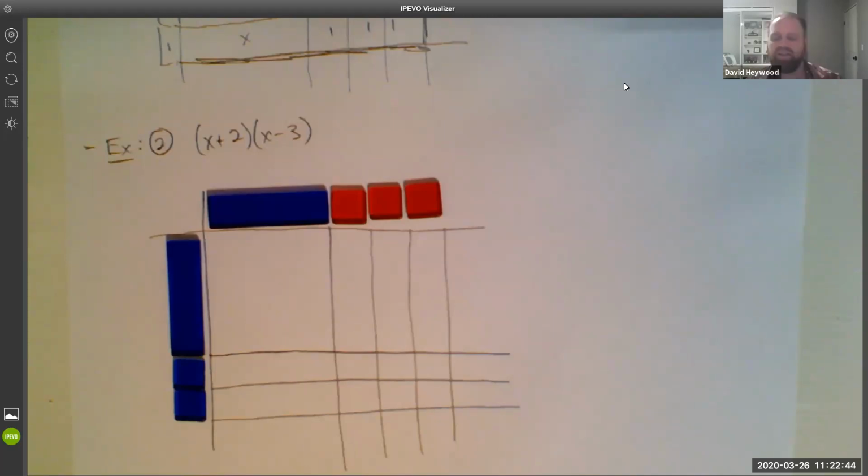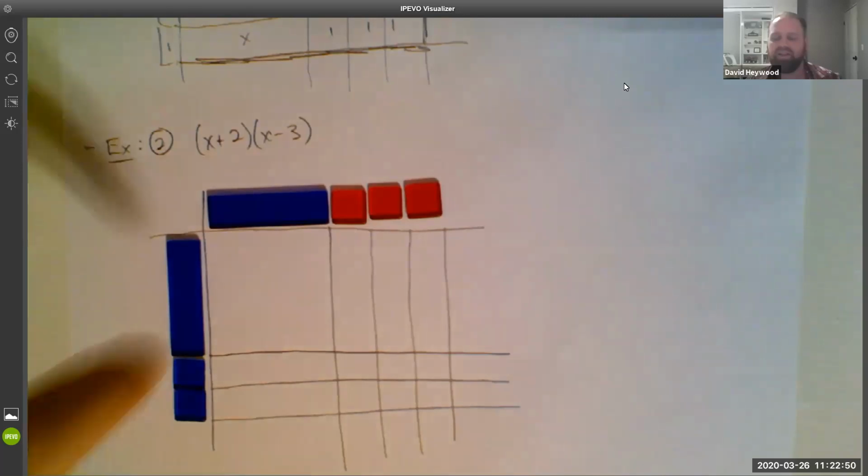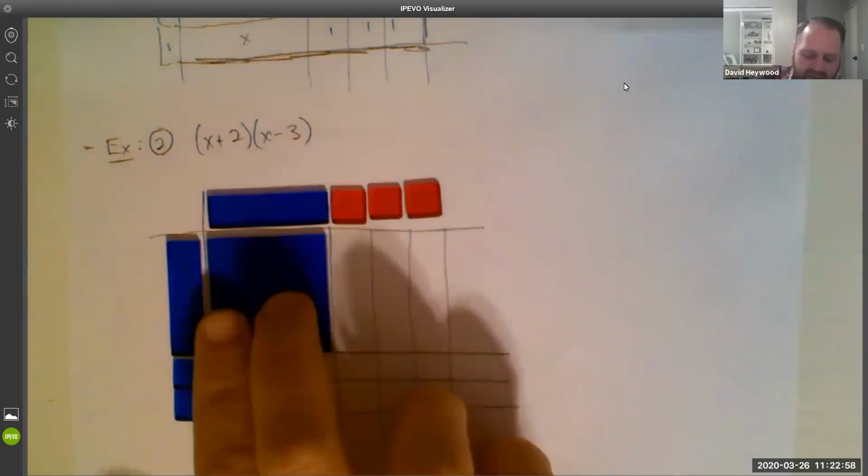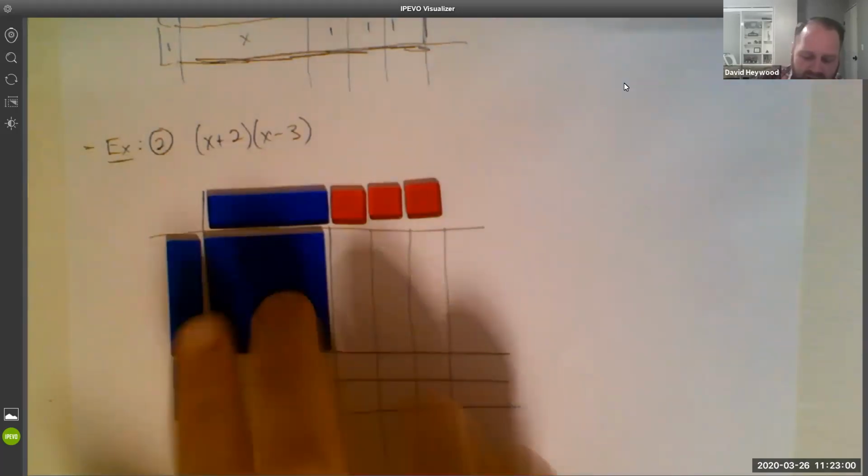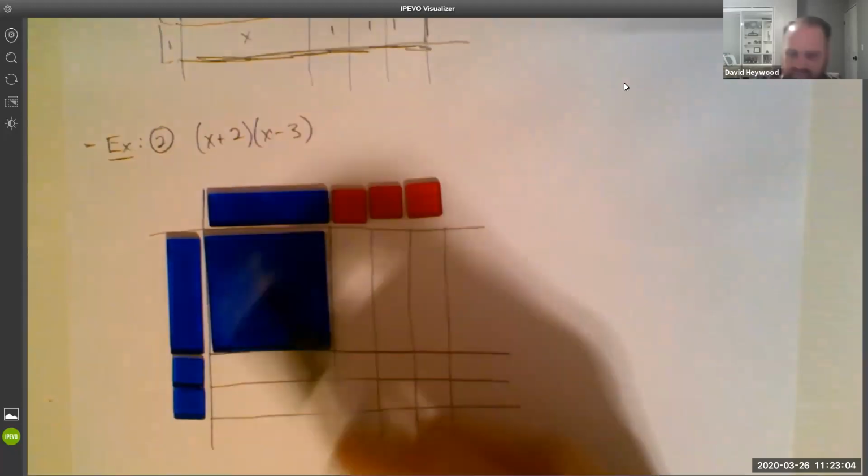Okay, so here I have an x times an x, and they're both blue. The only tile that'll fit in there is an x squared tile. Here I've got an x times a 1, both blue tiles, and the only tile that will fit in there is an x.